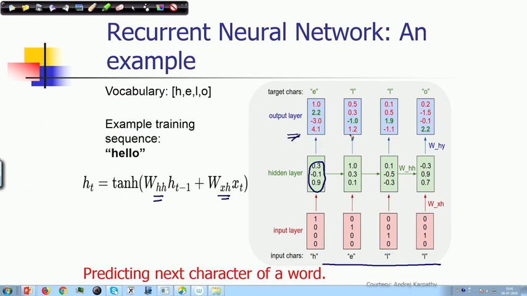Now, you are using one-hot encoding here. So, you can see the encoding which is used here. For h we are using a 4-dimensional one-hot encoding. So, this position 1 shows h, this is e, this is l, this is l.